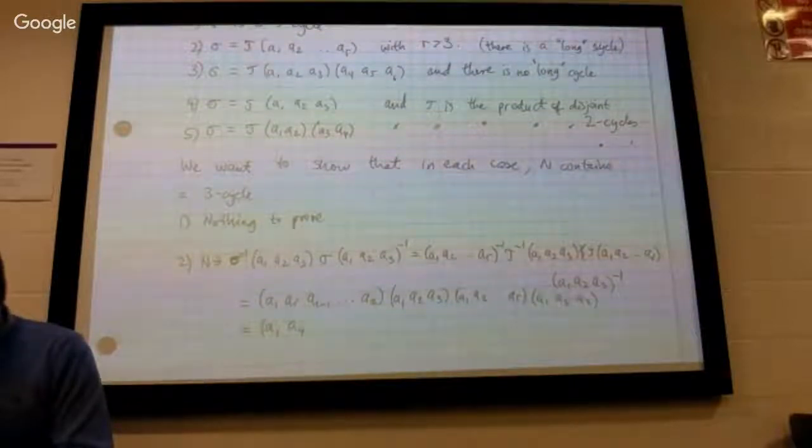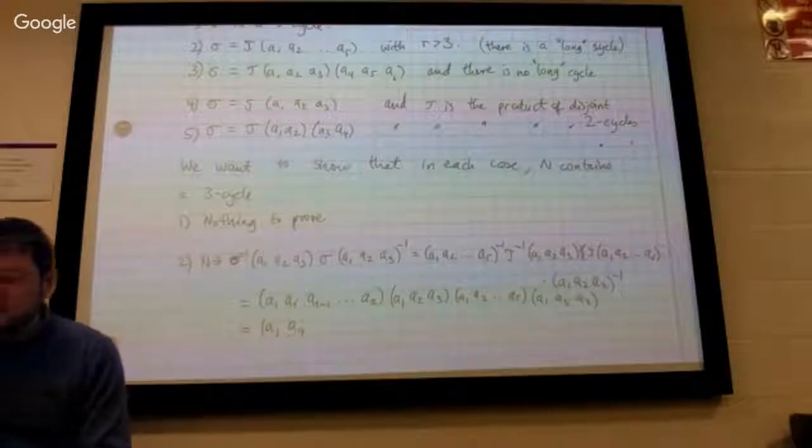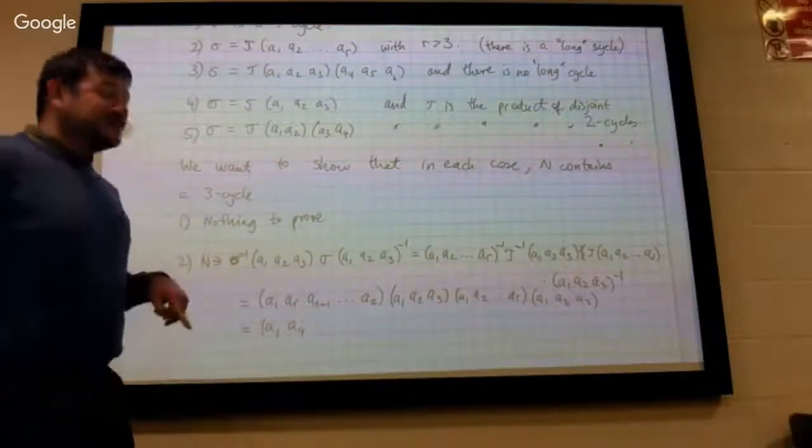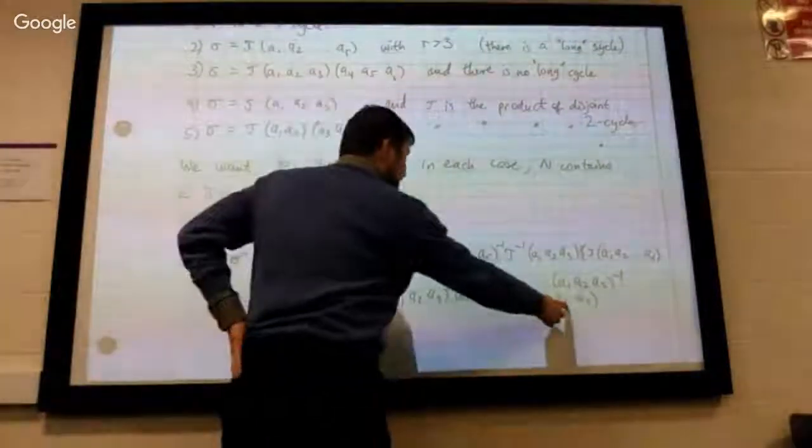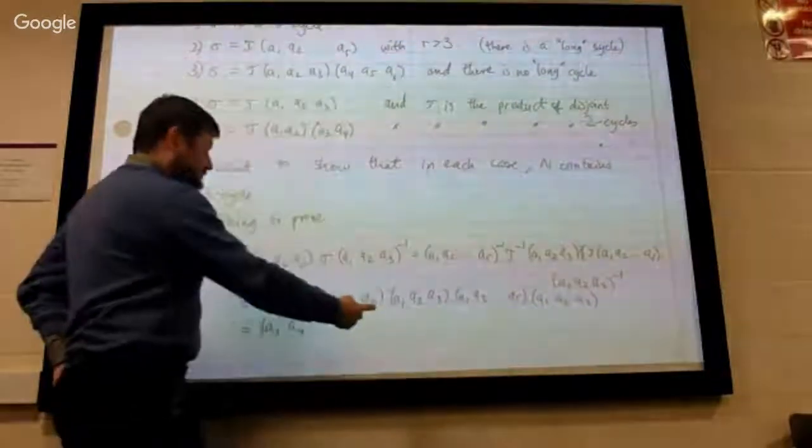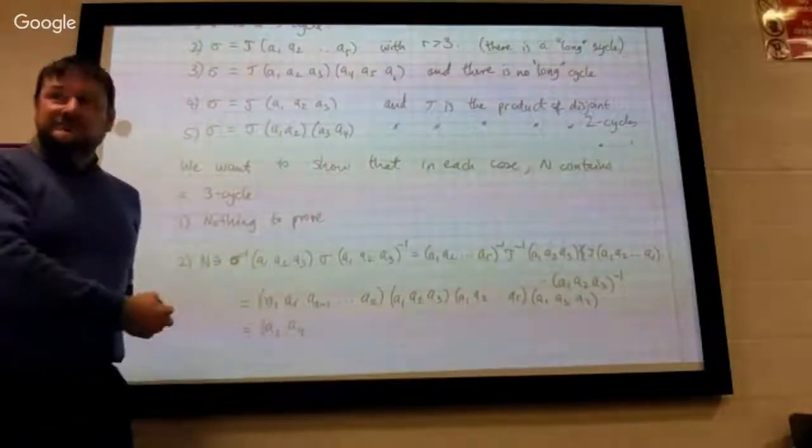Am I doing it right? No. Wrong. Start again. Where does A1 go? A1 goes to A3, goes to A4, goes back to A3. That's better.